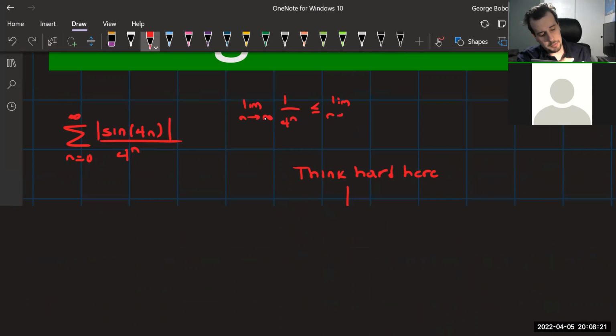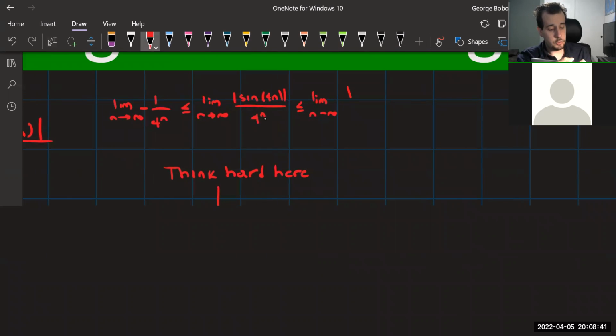In the middle, you'll have the limit that you're looking for, the absolute value of sine of 4n over 4 to the n. And that's going to be less than or equal to this limit. There's a negative on the left there and a positive on the right. I'll explain where this came from in just a second.